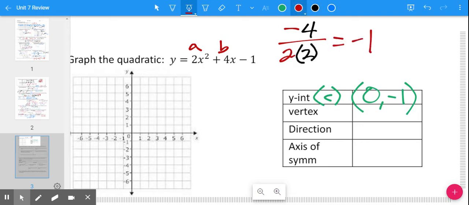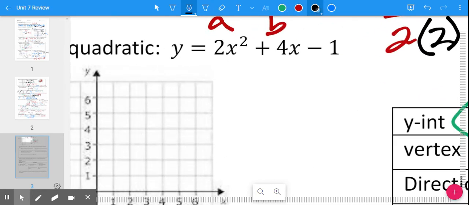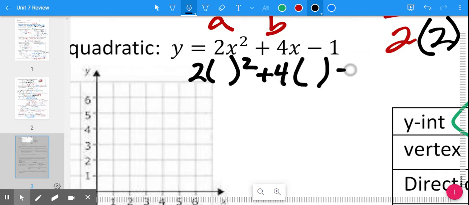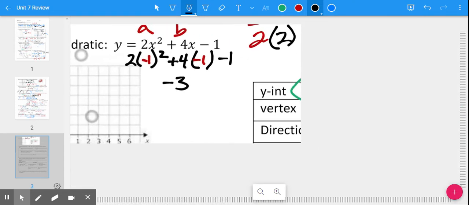So we get -1 as the x coordinate for your vertex. Plug that back in. So we have 2x squared plus 4 times x minus 1. Our x value is -1. So when we plug that back in, we get -3. So that is the y value.